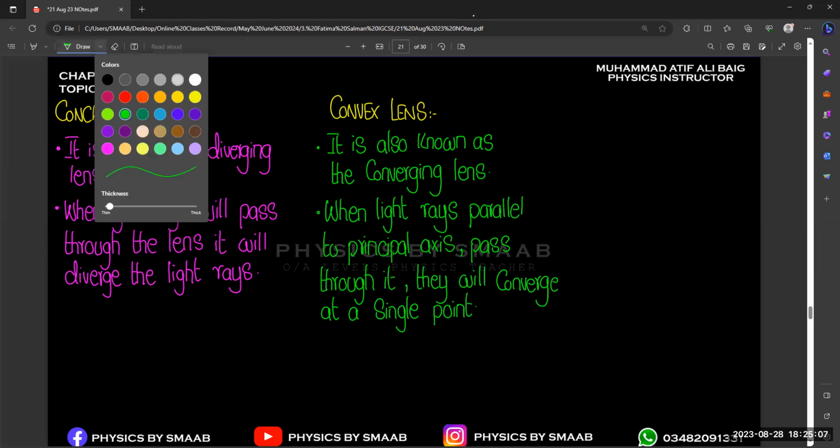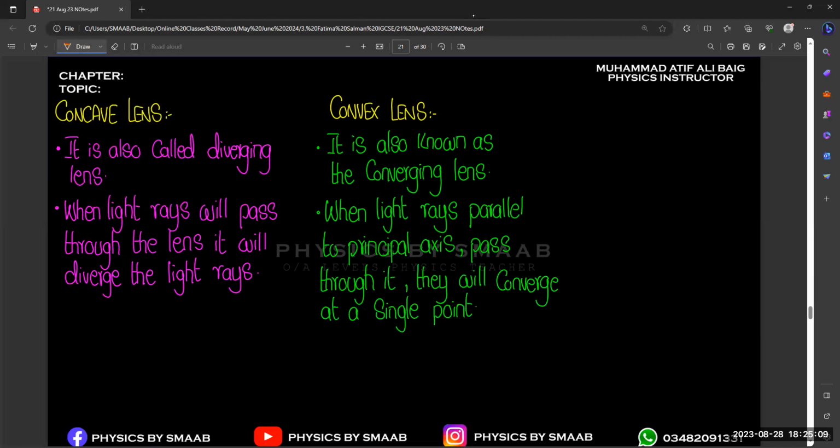Further, if we talk about some quantities, the first component we discuss in lenses is the principal axis.